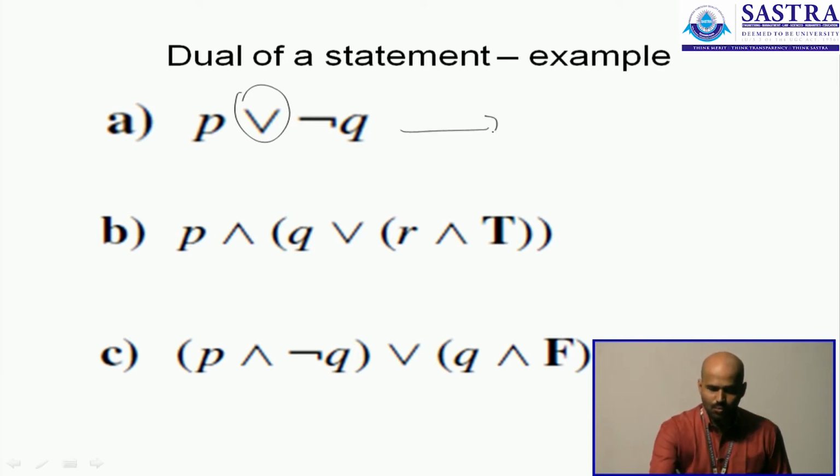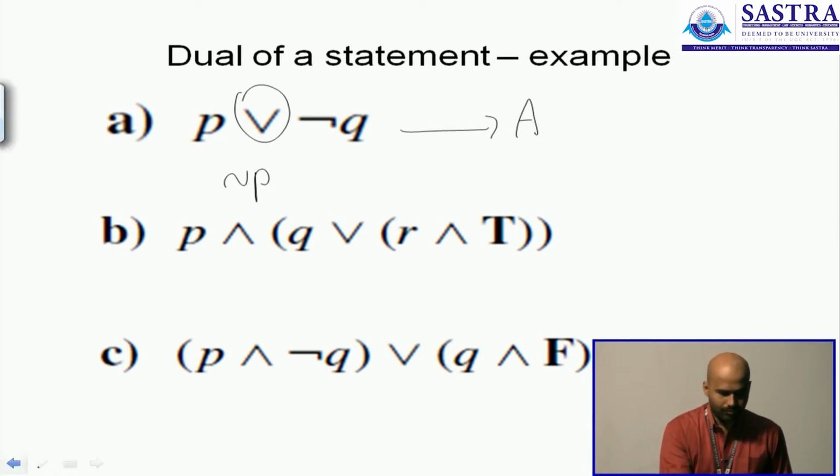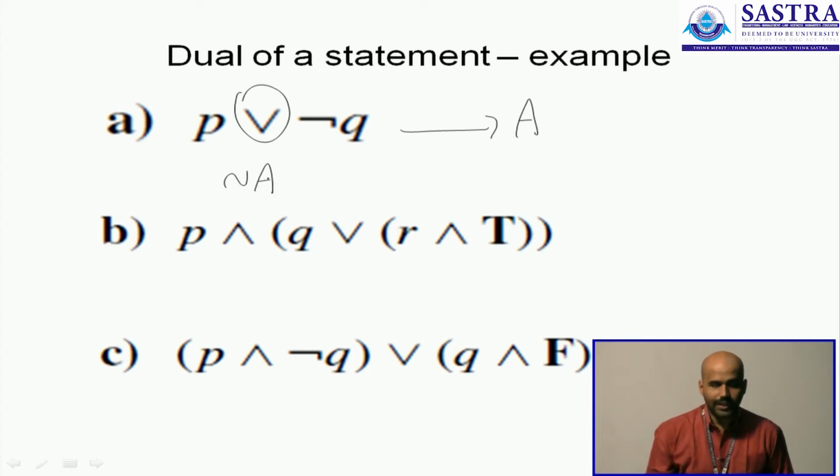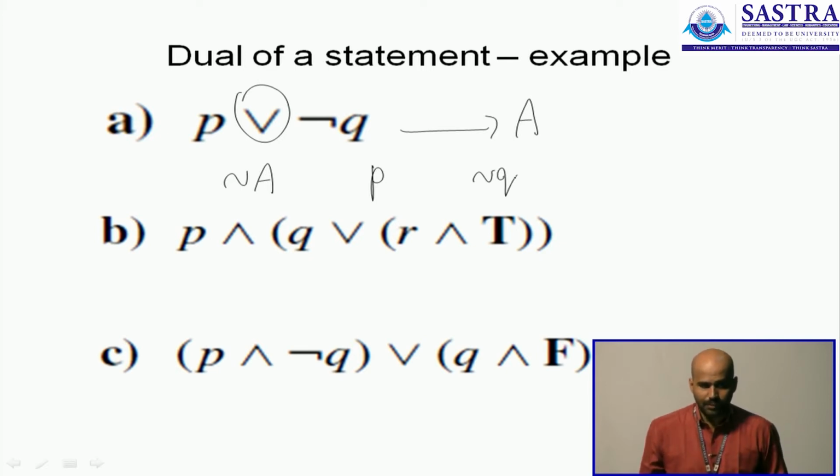So if this is what you refer to as A, its dual, tilde A, will be this. I retain the two simple statements in their original versions and flip only the connective. The disjunction becomes a conjunction. That's it. That is the dual of the given statement.